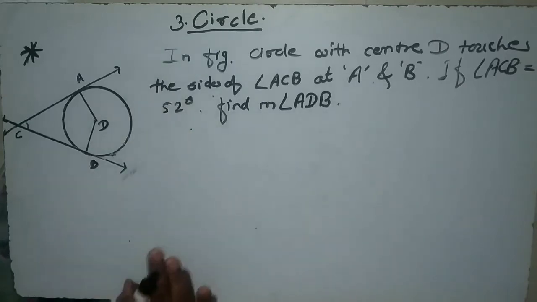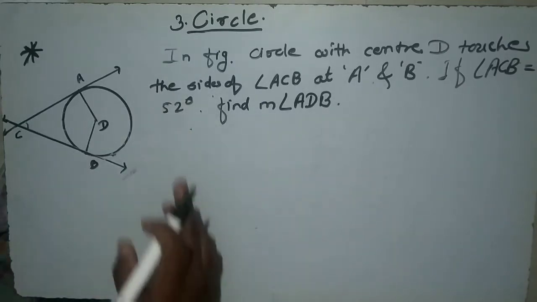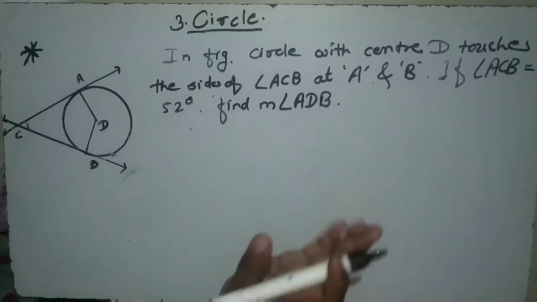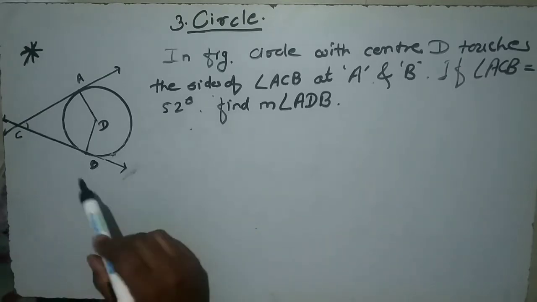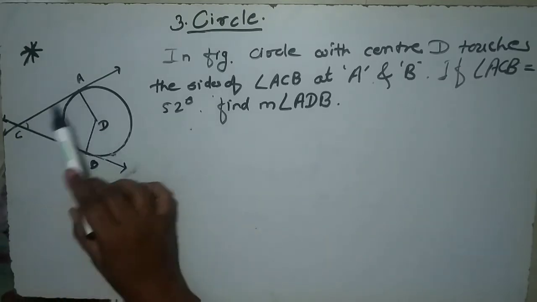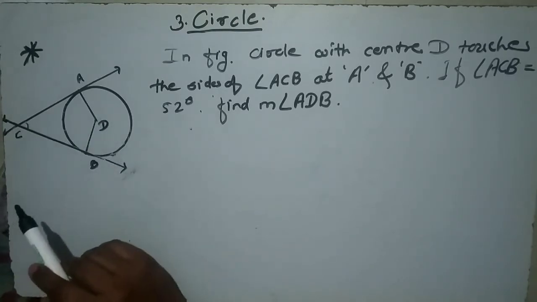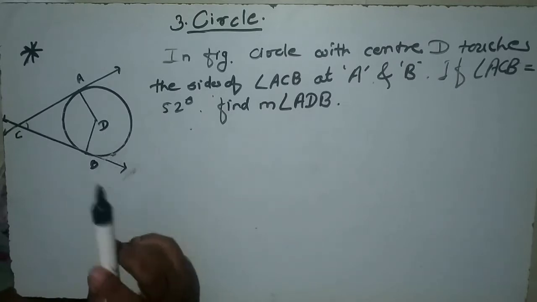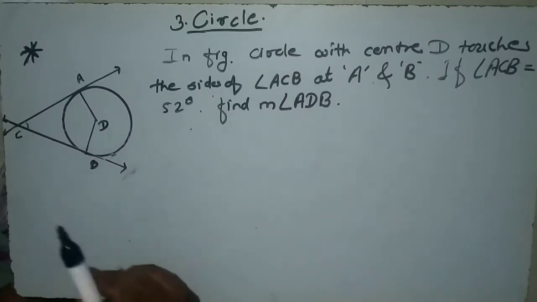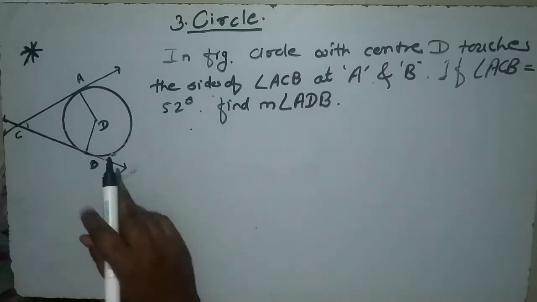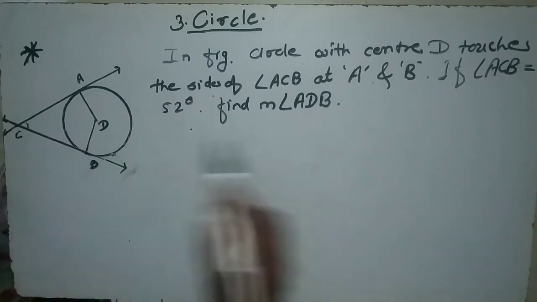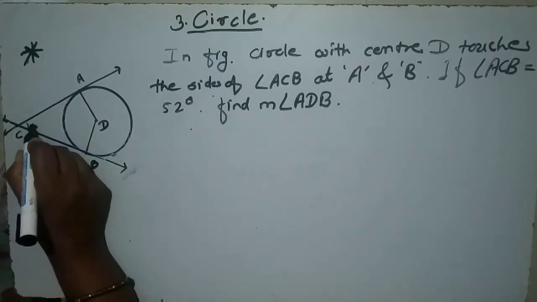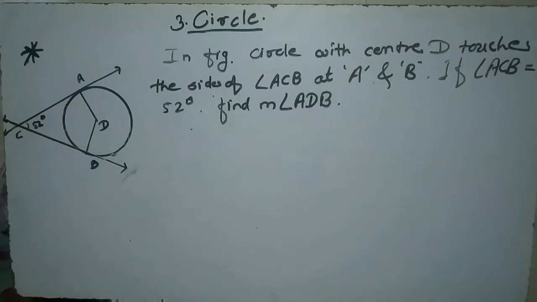Actually, it is a very easy question, and for that you have to use two properties. The first property is related to quadrilaterals: the sum of all angles of a quadrilateral is 360. After that, you have to use the tangent theorem. Here in the question, only angle ACB equals 52 degrees is given.